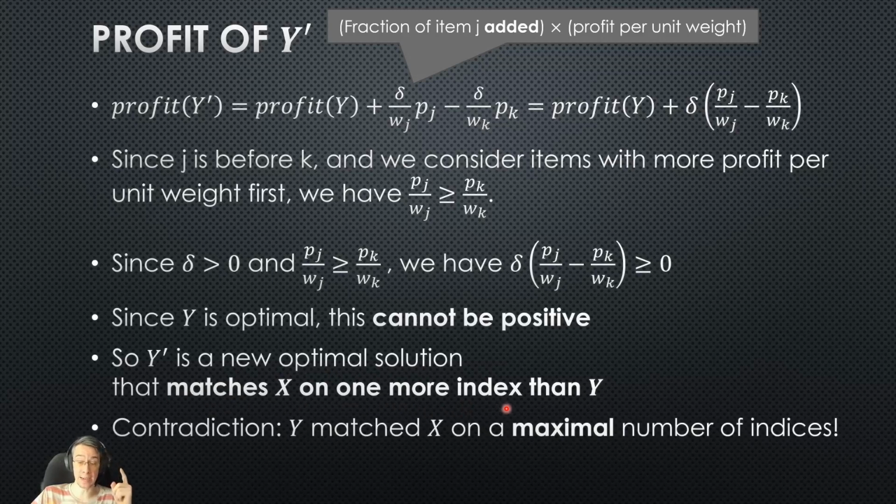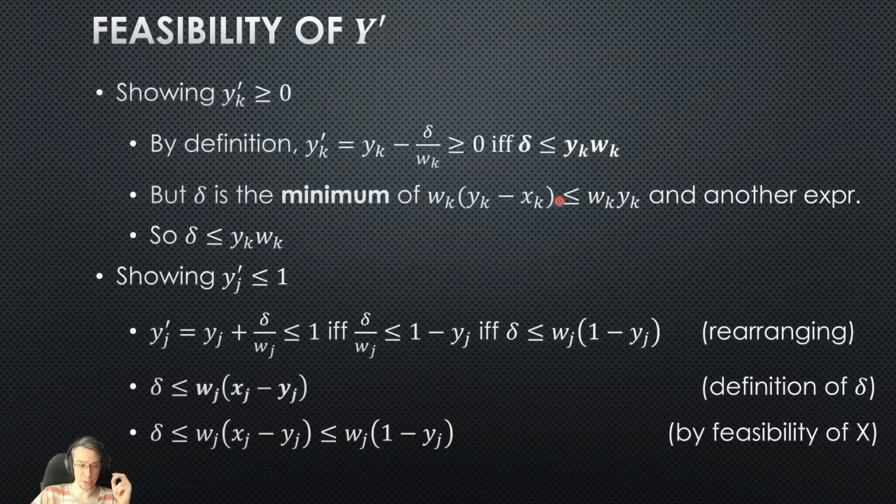one more index than y because we chose our yj prime and our yk prime precisely so that one of them would now match xk or xj. And we argued already that this solution y did not match solution x on either of those two variables.